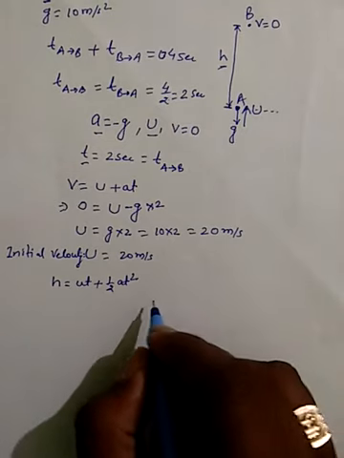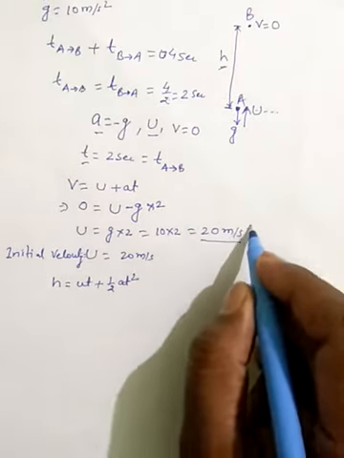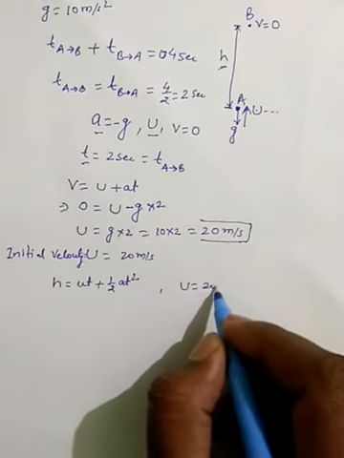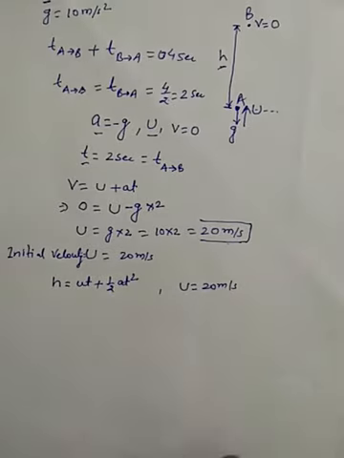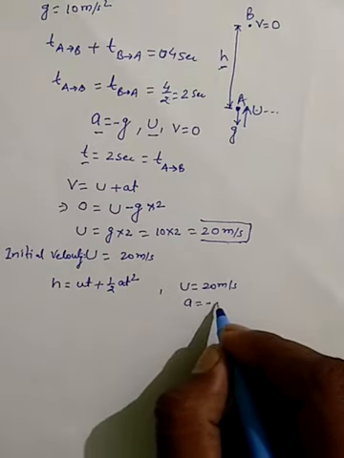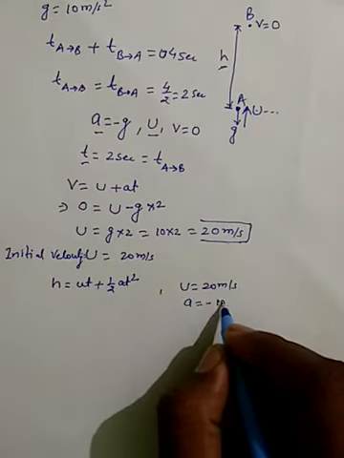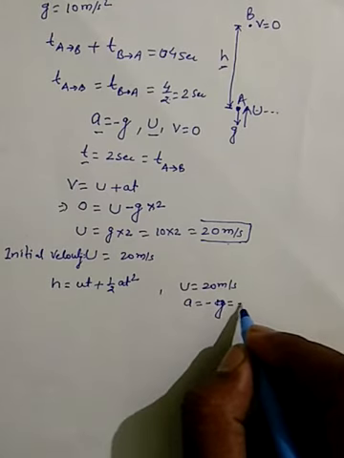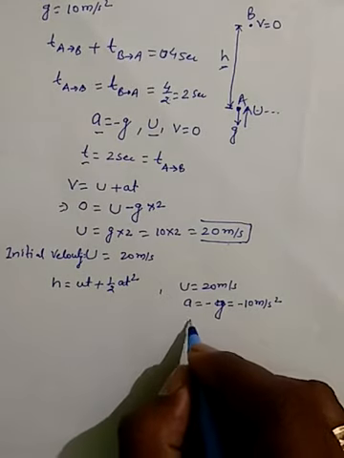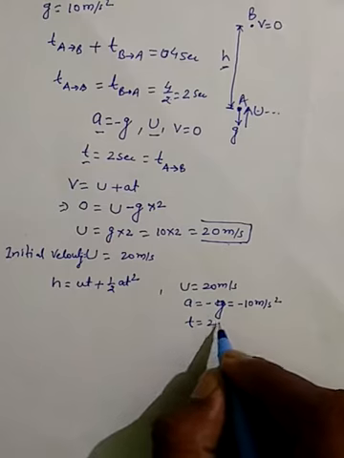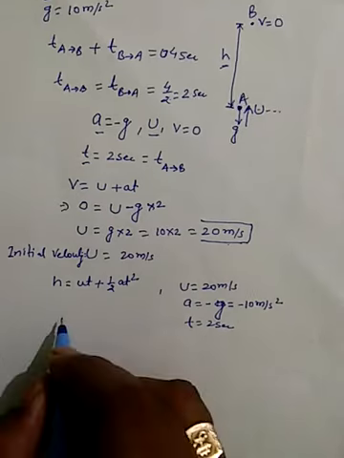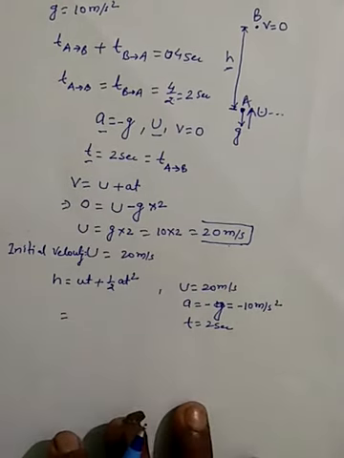We have to find h. Here u is 20 meter per second, which we found, a is again minus g, which is 10 meter per second square, and t is 2 seconds. Now put all the values in this equation to calculate the value of h.